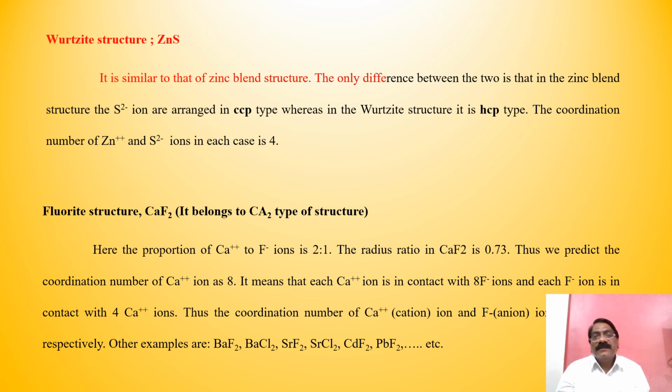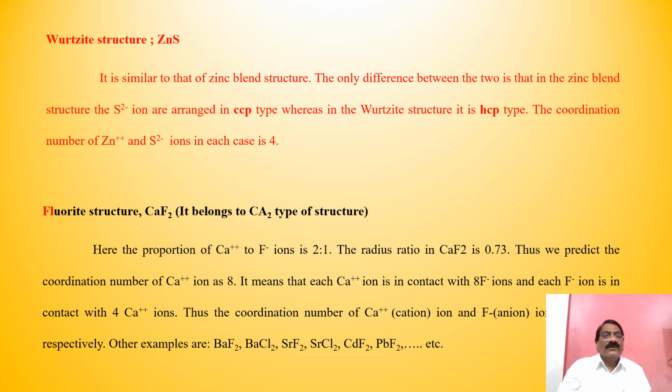The only difference between these two is that in the zinc blende structure, the S2- ions are arranged in CCP type, cubic close packing type, whereas in Wurtzite structure it is HCP, hexagonal close packing type structure. The coordination number of Zn2+ and S2- ions in both cases is 4.